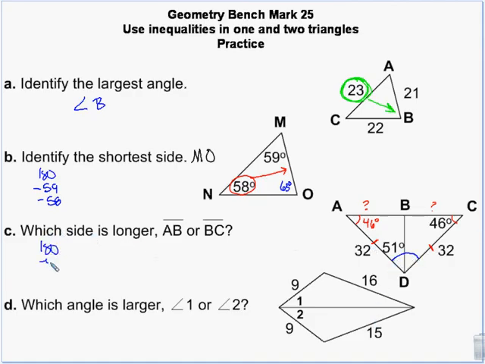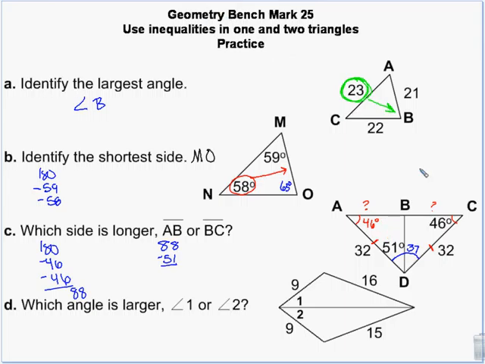So I'm going to take 180 and I'm going to subtract the 46s. And that's going to give me 88. This whole thing is 88. This part of it's 51, so I take away the 51, and that tells me that this part's 37. 51 is across from AB.